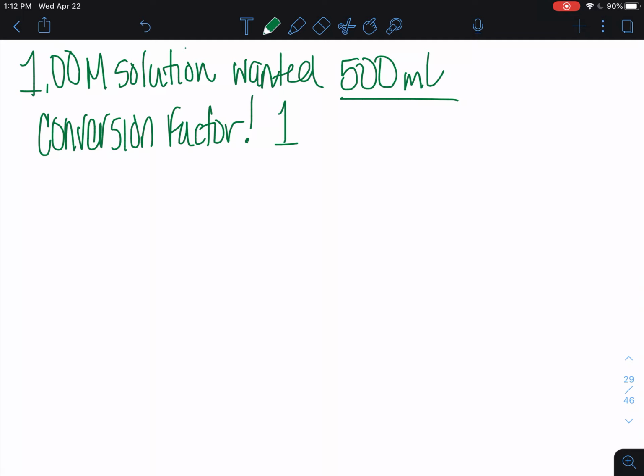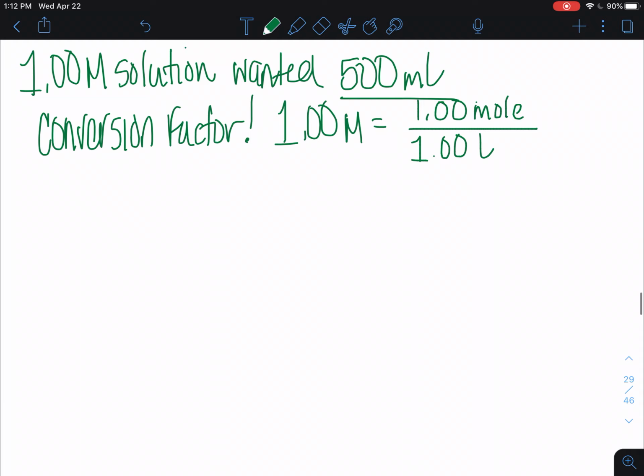So a 1.00 molar solution means essentially 1.00 mole per 1.00 liter. If you wanted to make the same type of concentrated solution, but you didn't want to make a liter, you wanted to make 500 milliliters, you could do that.